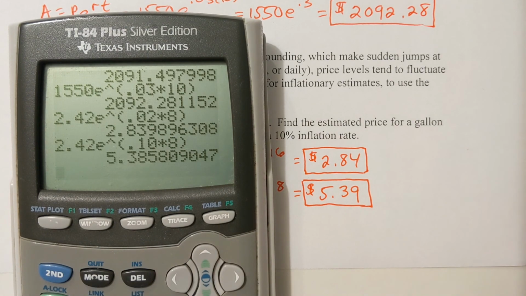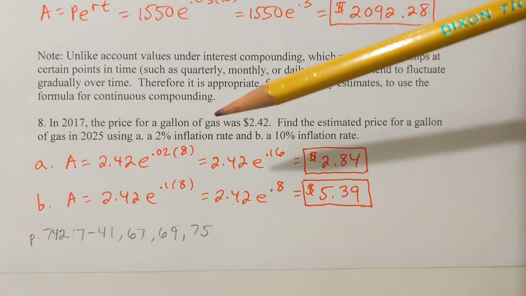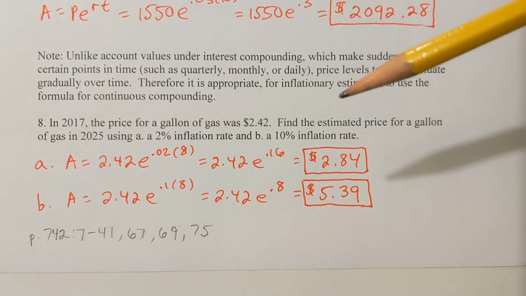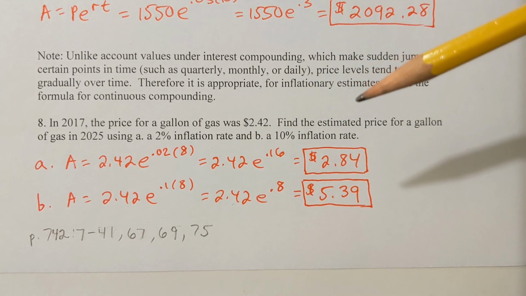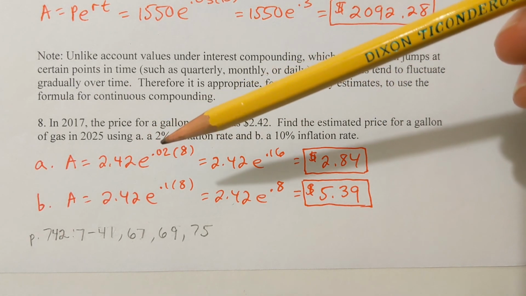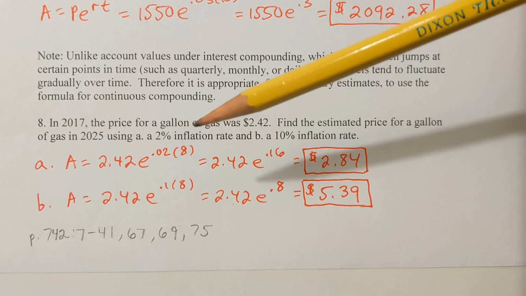But you can see that for a gallon of gas, it at least makes sense to be using this formula, the PERT equation, because the price for a gallon of gas gradually changes. One day it's $2.42, another day it's $2.44, another day it's $2.38, or whatever.